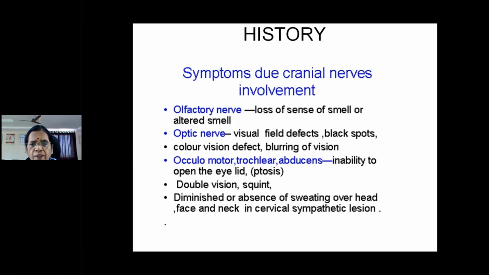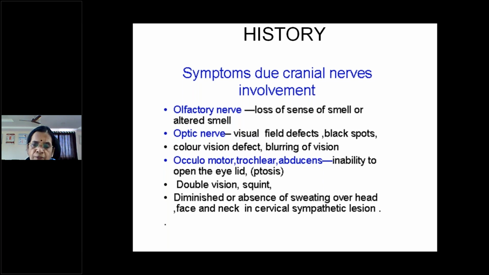Another important thing in case of oculomotor involvement is double vision. When he opens his eyes, each object appears as a double view. That is double vision, and it once again indicates involvement of the oculomotor nerve.